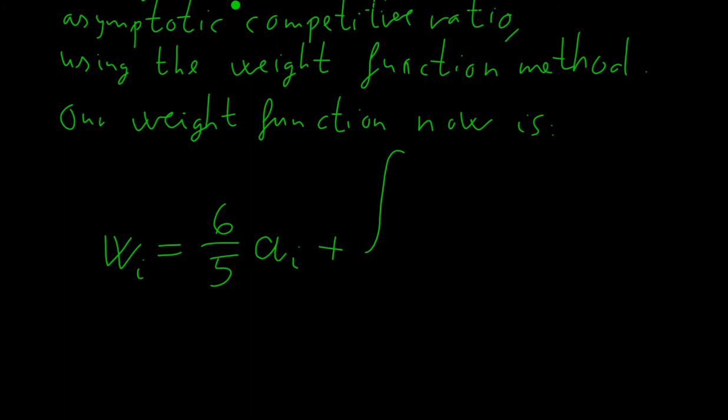So it will be 0.4 if it's a large item, so if 1/2 is strictly less than ai. So for example, if the size of the object is, say, 1, then we have 6/5 plus 0.4, which is 1.6 total weight for that object.